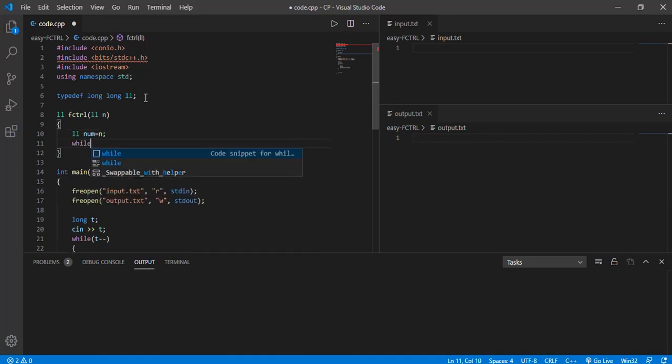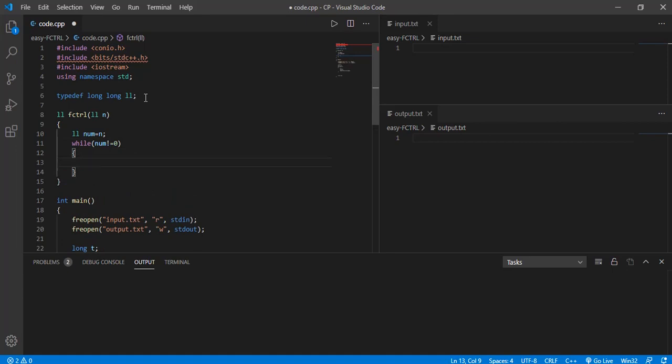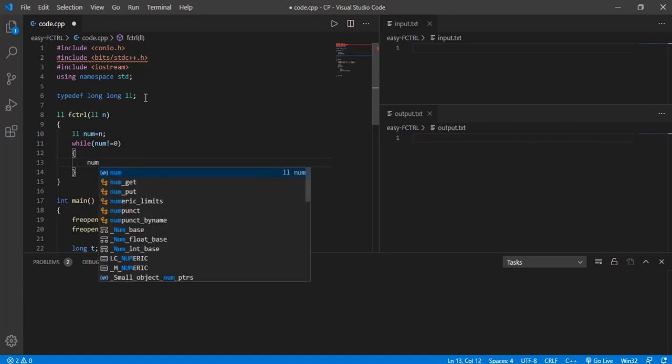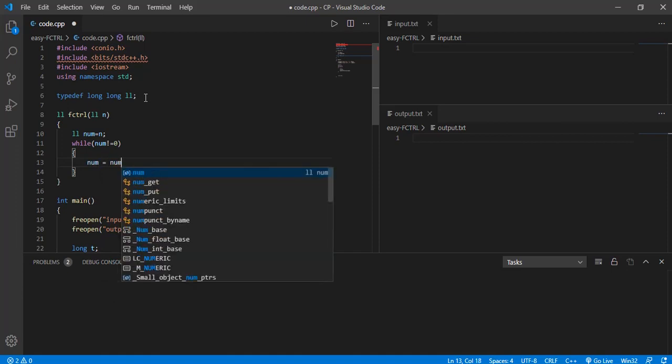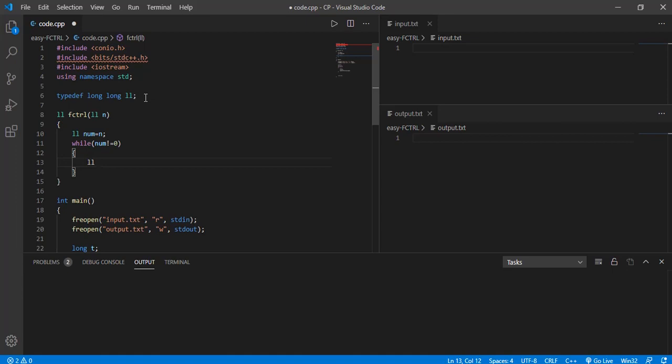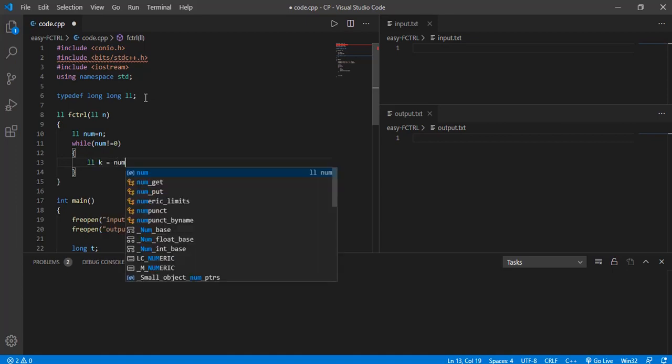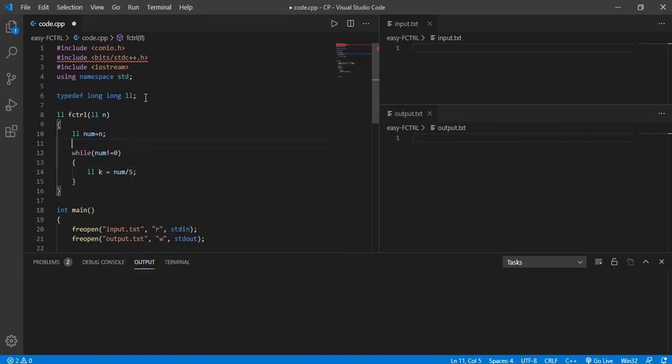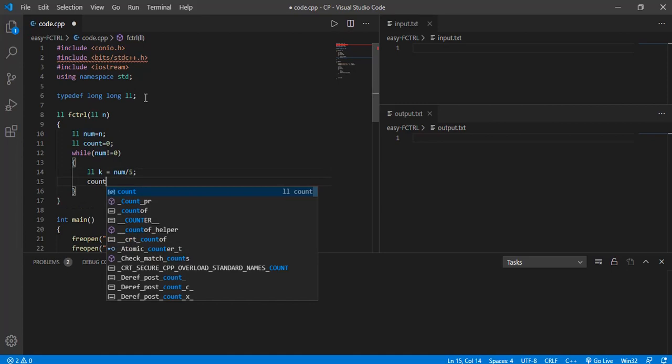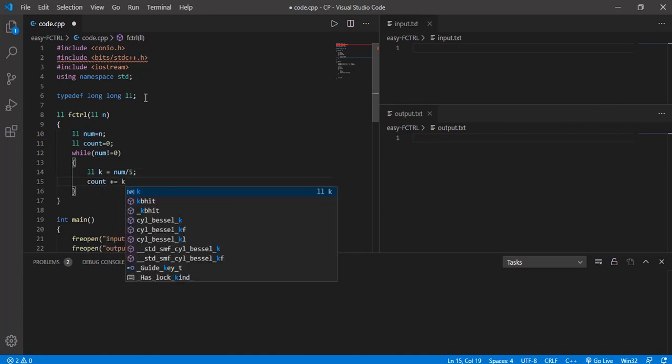So now we again have a while loop here. While num is not equal to 0, remember I told you that we have to divide by 5 till we get a 0. Okay, wait, the first step is that we also have to count it somewhere. So count plus equals k.